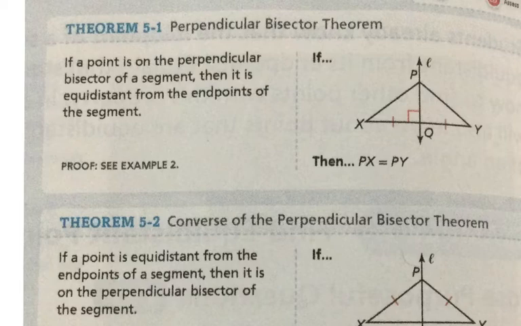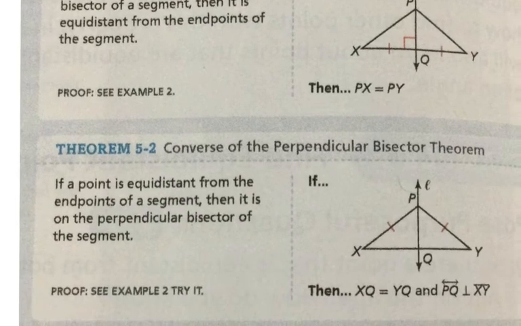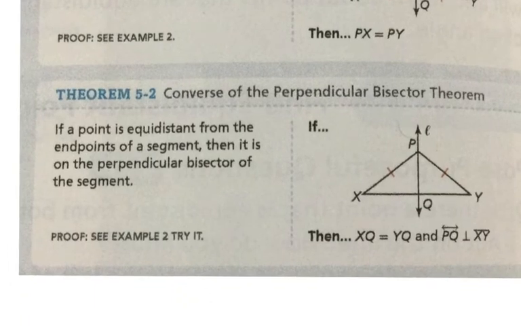So, next, 5.2. The converse of the perpendicular bisector theorem. This is what it says. If a point is equidistant from the endpoints of a segment, then it is on the perpendicular bisector of the segment. So because I know that these two are congruent, what does this look like now?